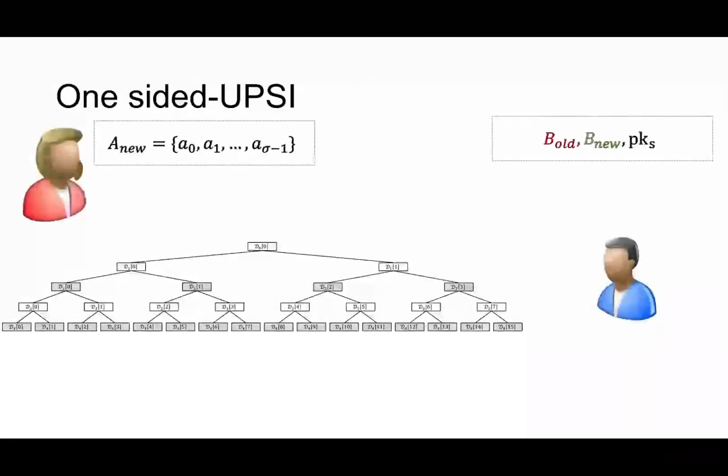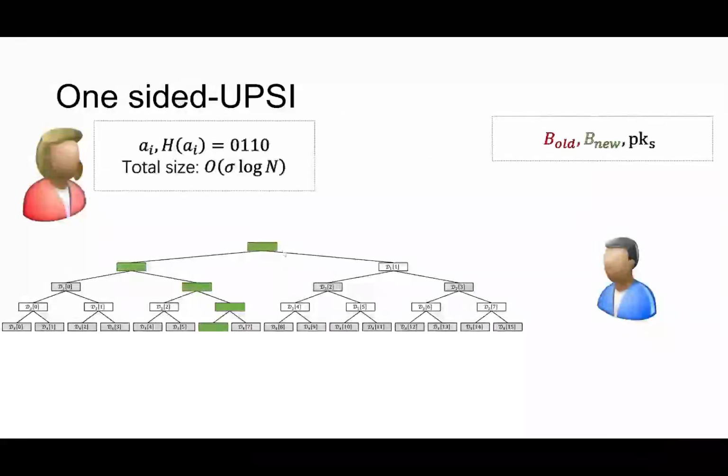Now consider a query. Alice has a B new here, and consider element a_i. If the hash is 0, 1, 1, 0, we can trace through from the root to the leaf: 0 left, 1, 1, 0. So there are log n different bins.